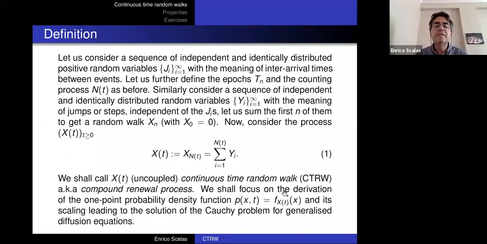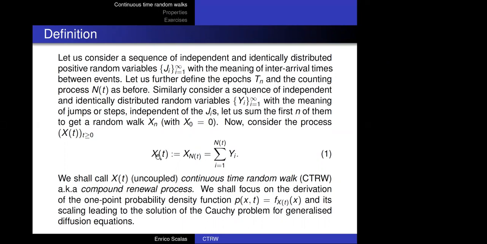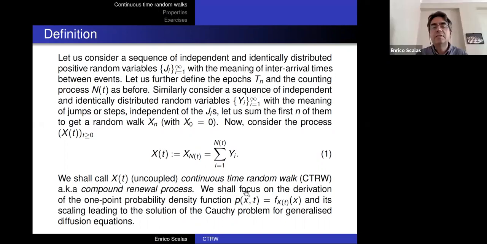And we are interested, as I mentioned, in the derivation of the one-point probability density function, which we will denote with this symbol, the density of X_t. And so t is a parameter here.